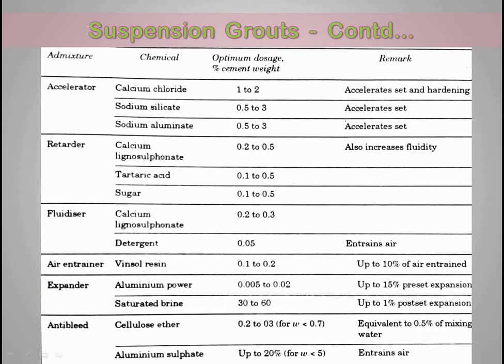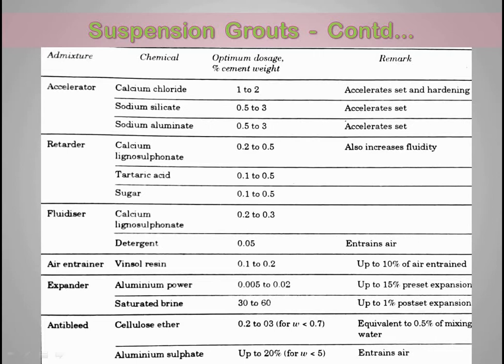This table gives a list of admixtures like accelerators, retarders, fluidizers, air entrainers, expanders and anti-bleeding agents. The chemicals present in accelerators are calcium chloride, sodium silicate, and sodium aluminate.